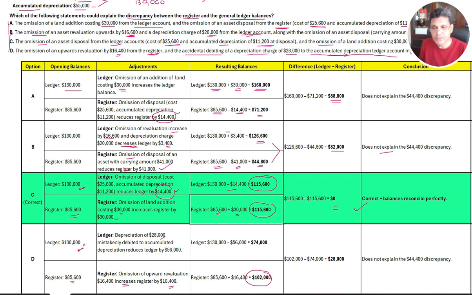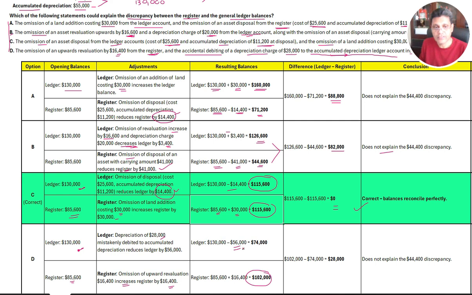To correct this mistake, the accumulated depreciation account needs to be credited twice the depreciation amount, because instead of crediting, they have debited the accumulated depreciation account. So in order to correct this, you need to credit twice the depreciation amount. So that will reduce the net book value by 56,000.